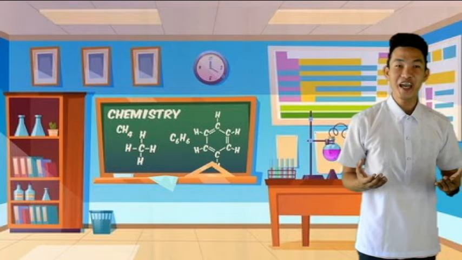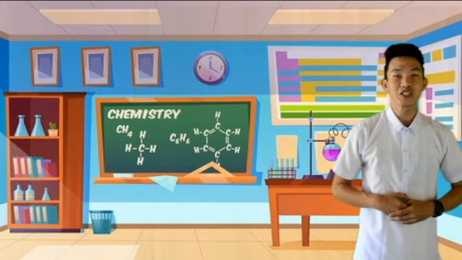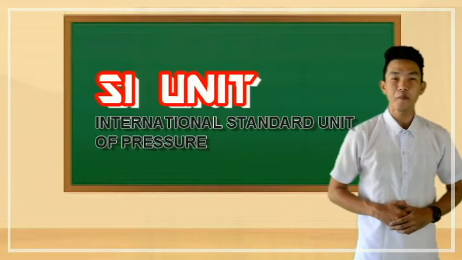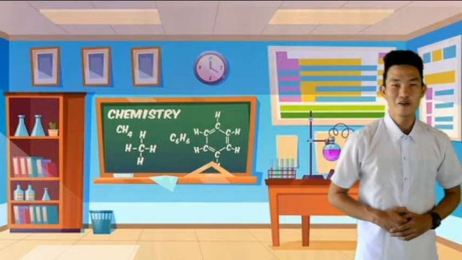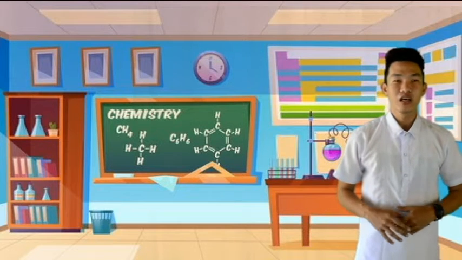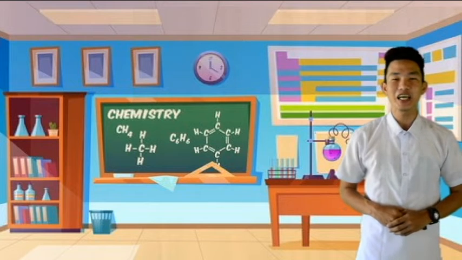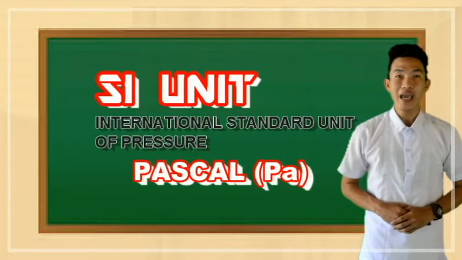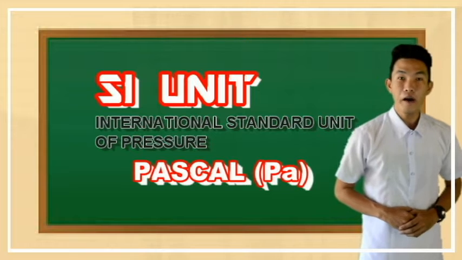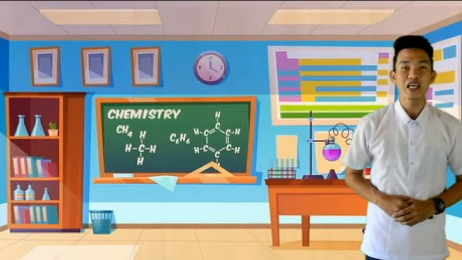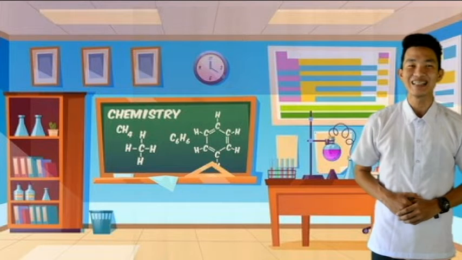Do you have any idea of what international standard unit or the SI unit is being used for pressure? Wow! You just blew me away! The international standard unit used for pressure is Pascal or Pa, and it is named after the scientist Blaise Pascal.